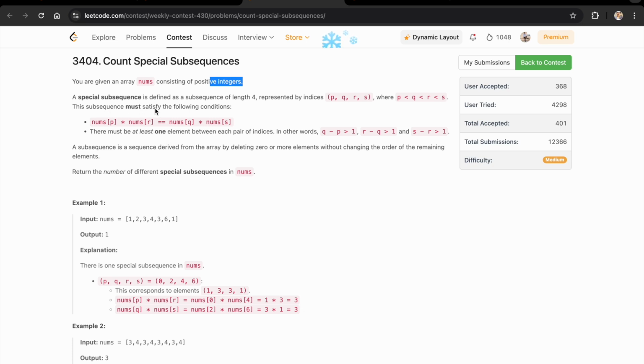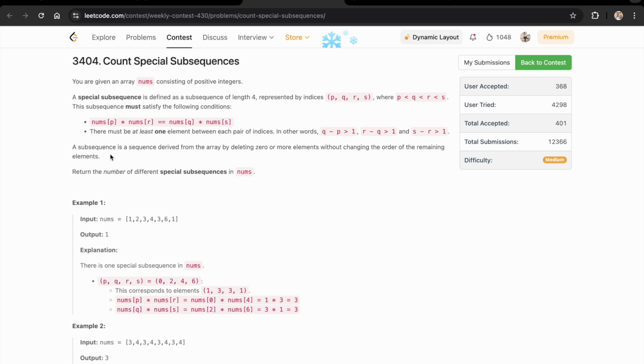This subsequence must satisfy the following conditions: nums of p times nums of r equals nums of q times nums of s. And there must be at least one element between each pair of indices. In other words, q minus p should be greater than 1, r minus q should be greater than 1, and s minus r should be greater than 1.